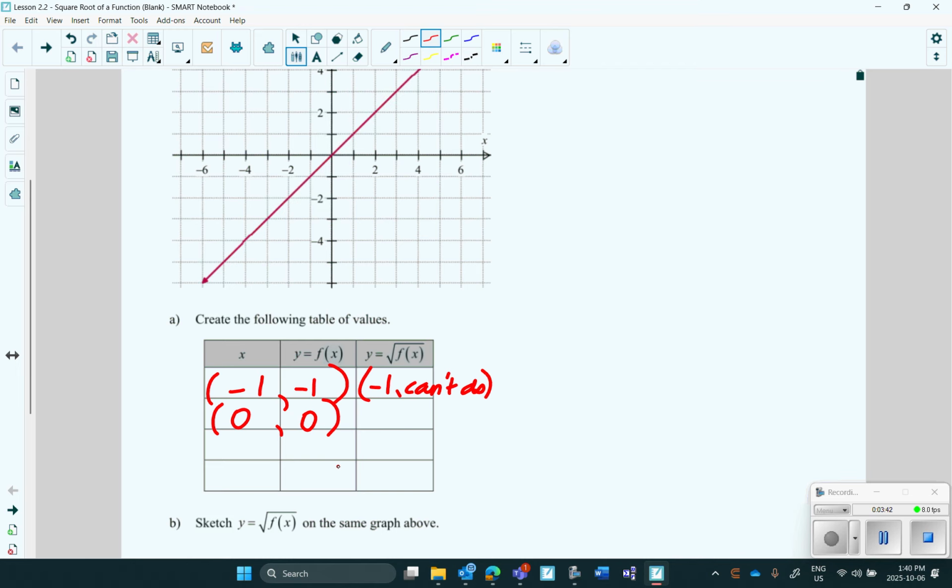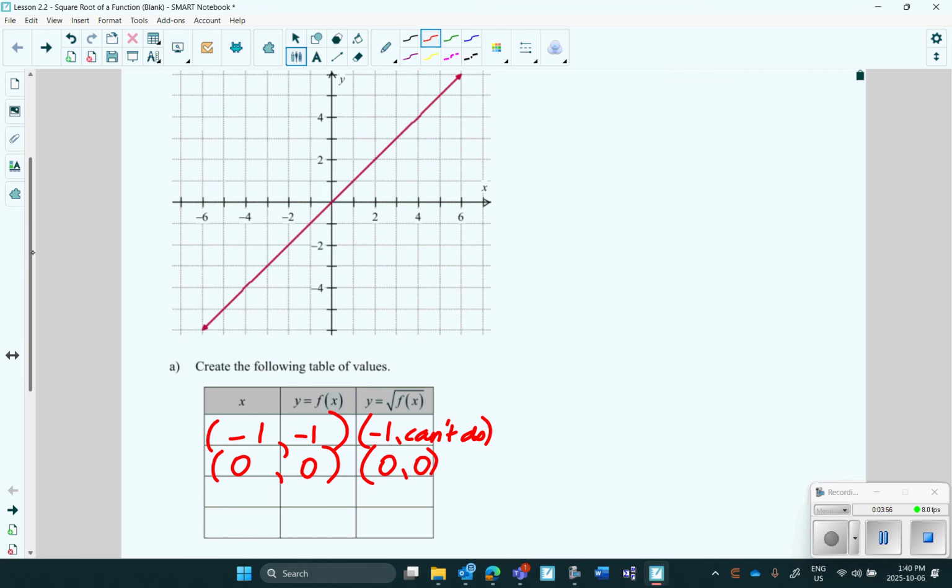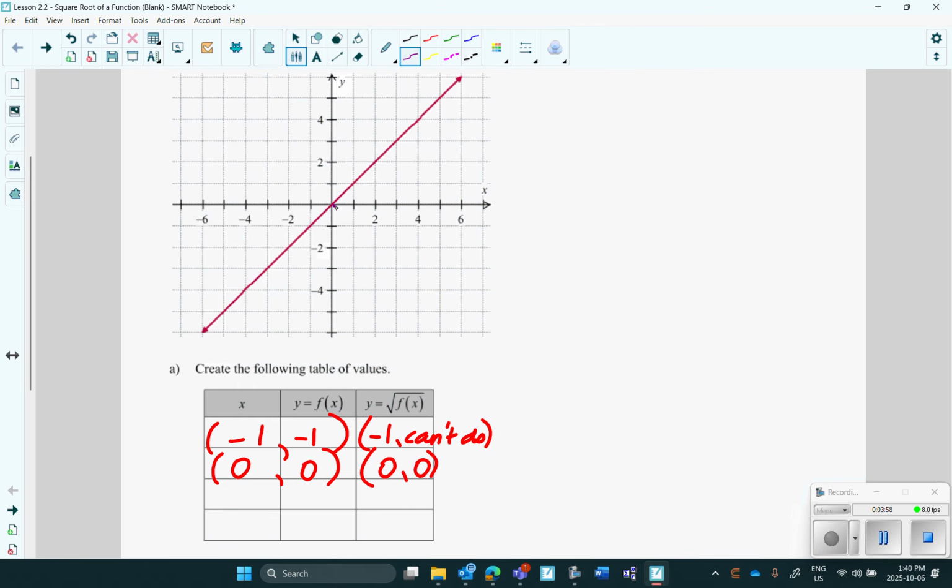Let's try 0, 0. If I took the square root of the y coordinate, I'd still have 0, 0, wouldn't I? So this is a point on the square root function, but I still don't know the square root function yet.